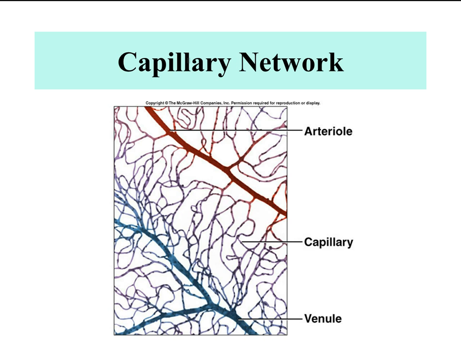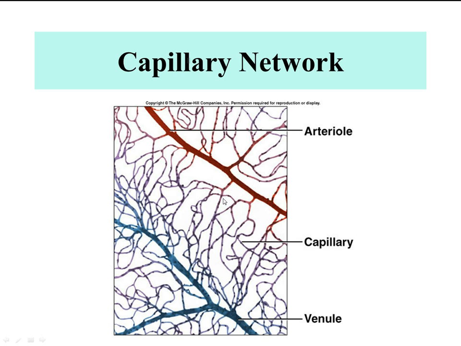Now look at this capillary network. Let's go through these again. Now you have a major artery that will branch off into many arterioles. The arterioles will branch again and then branch again, and each time they branch, the arterioles themselves are getting smaller and the walls are getting thinner.